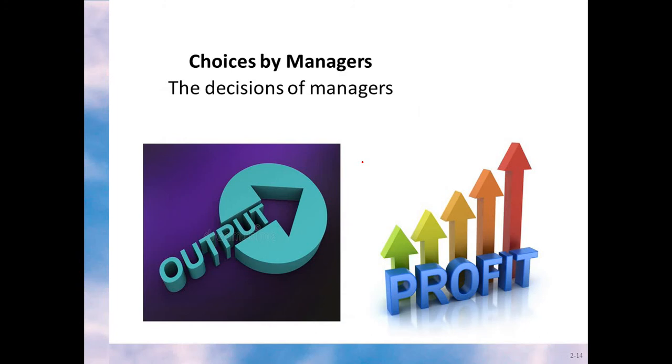So if we look at choices by managers, decisions by managers, normally it is between output and profit. Do we want to produce more, or do we want to have more profit? Remember, profit is different from revenues.